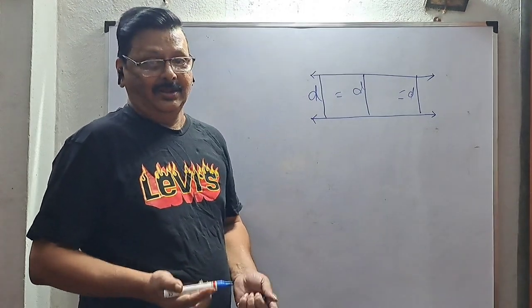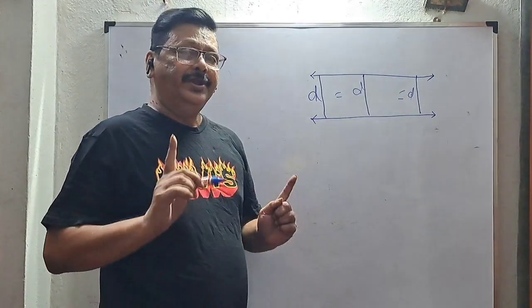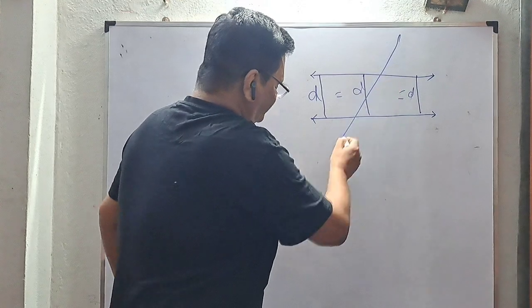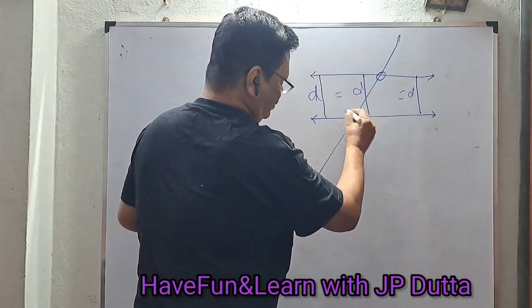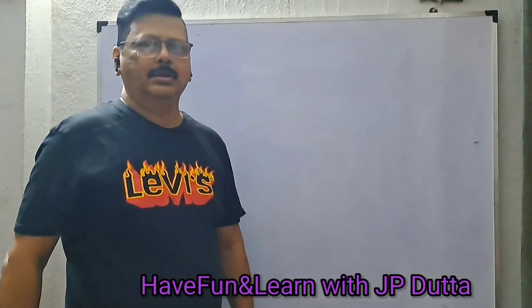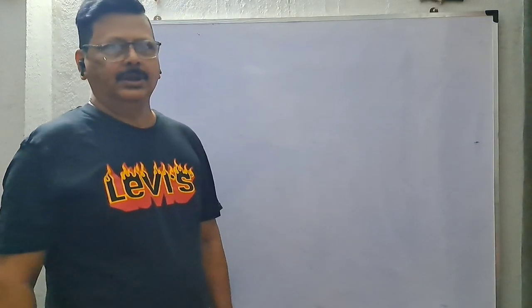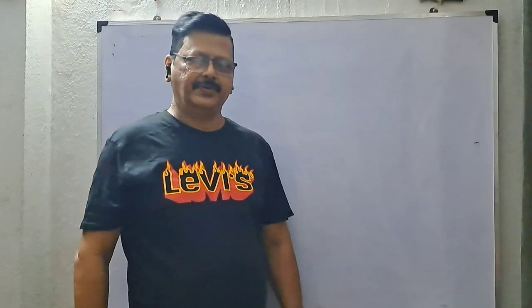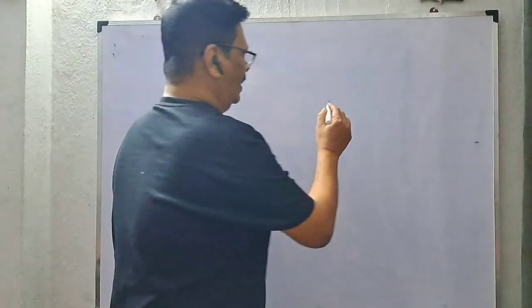That means in a way they do not meet at all. Now we talk about a transversal that cuts the parallel lines at one place each. Now we will see how many angles are formed because of the intersection of a transversal with the two parallel lines. Have a look.